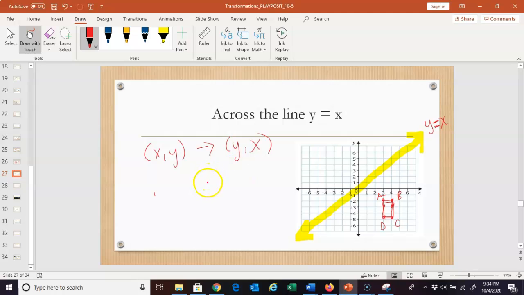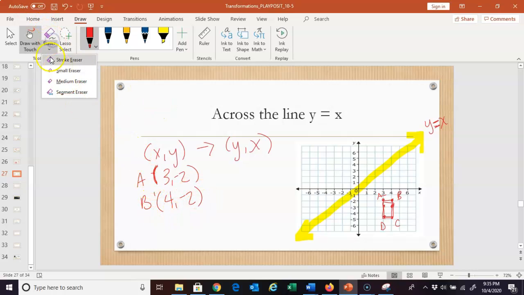So if you think of folding a paper along a diagonal and reflecting that shape over that diagonal. So I like the rule here. A is 3, negative 2. B is 4, negative 2. Why do I keep getting a little tiny mark there? Do you guys see that?